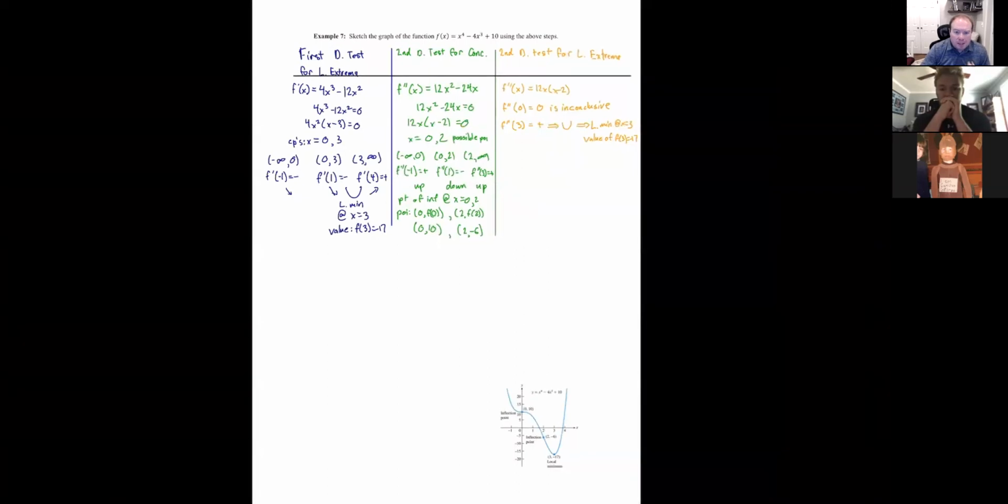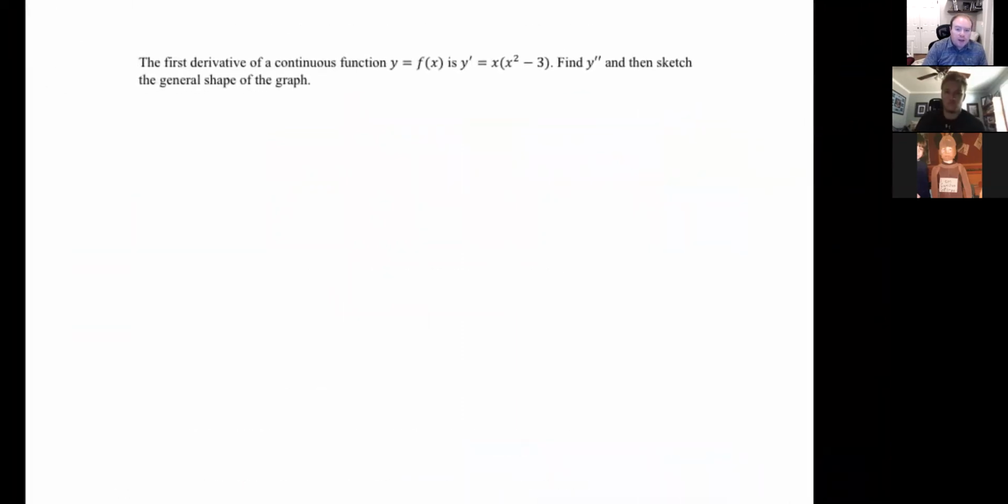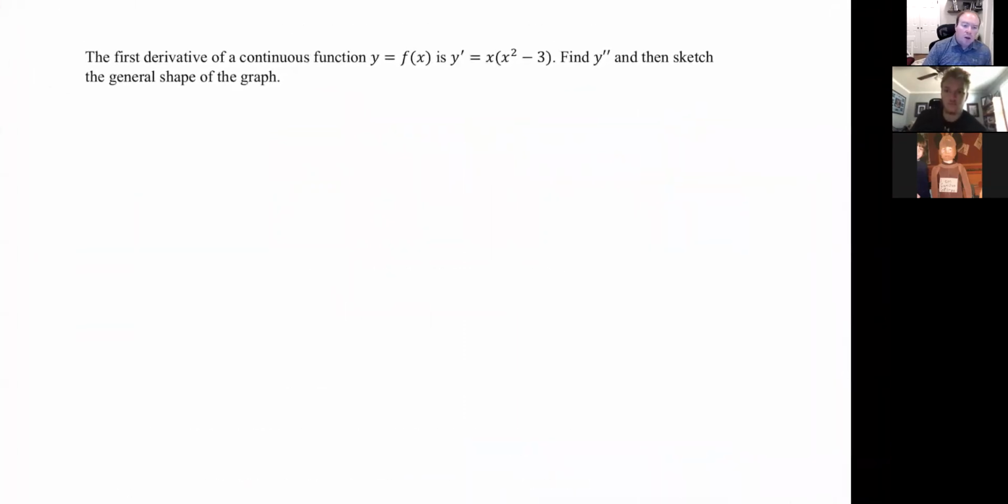But let's go back to the one that's not filled out and consider a scenario like this one right here. In this one, we would not be able to use a graphing utility to its fullest, because notice that what we're given is the first derivative.